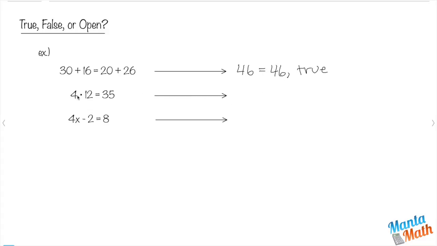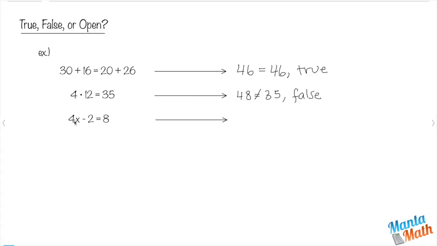In the second example, it asks whether 4 times 12 is equal to 35. If you need to, plug into the calculator, and 4 times 12 gives you 48, and carry over your 35, and we can say that this is false, because 48 never equals 35.